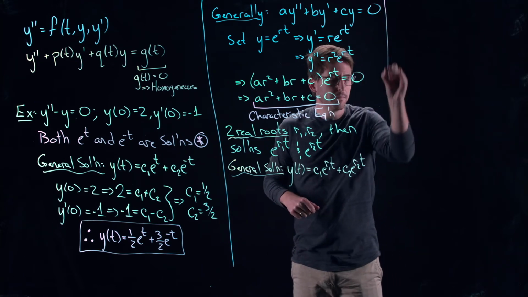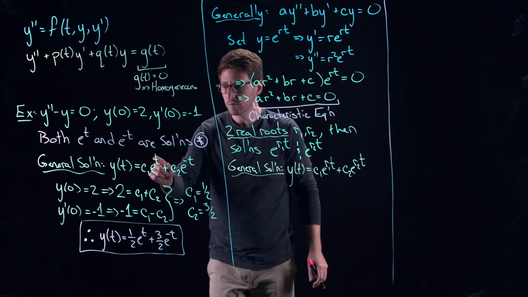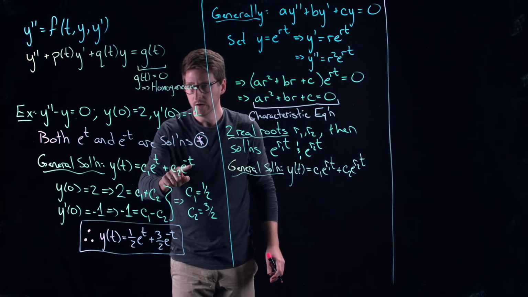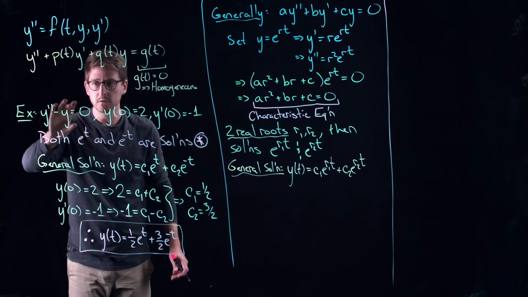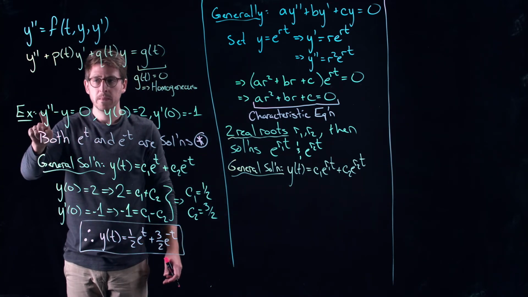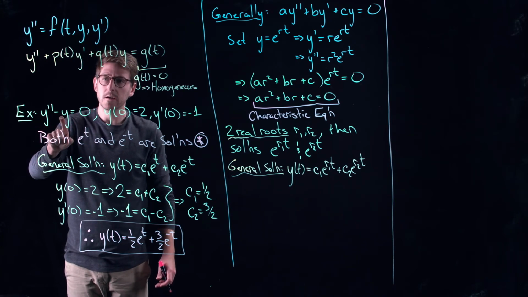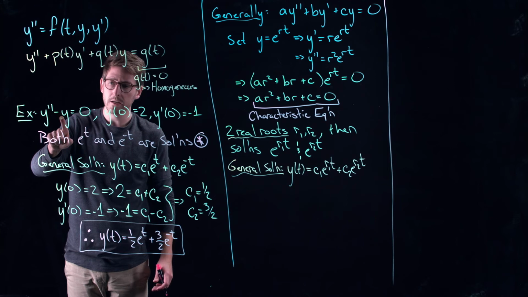Let's do an example. I've already given you one example right here. We saw that the roots were 1 and minus 1. That's because the characteristic equation associated to this ordinary differential equation, well, a is equal to 1, b is equal to 0, and c is equal to minus 1.